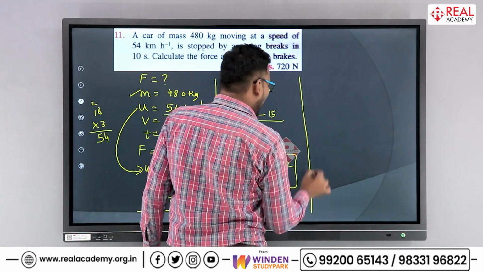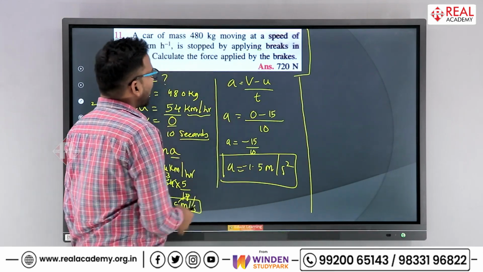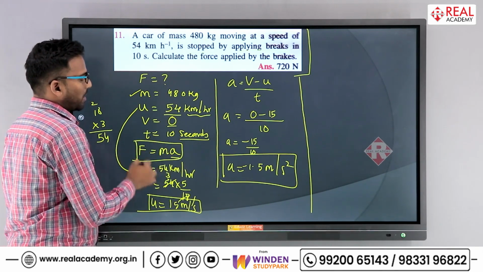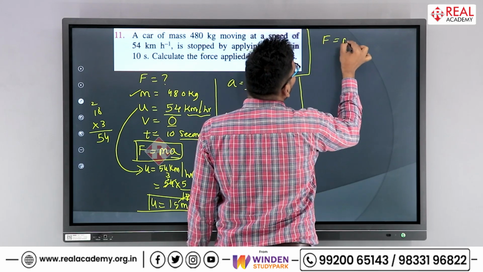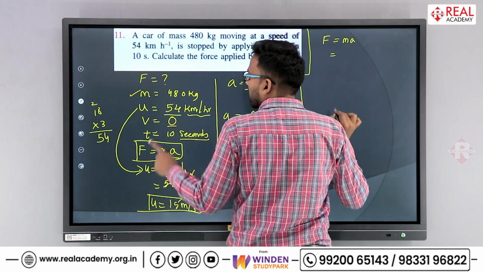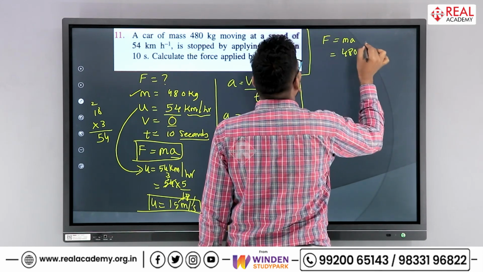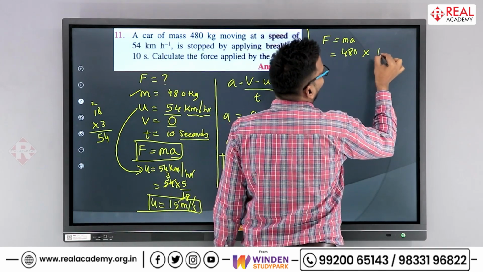Now we have got the acceleration, so how to find force? By simply applying Newton's second law: F is equal to ma. What is m? m is 480 kg, into acceleration, which is 1.5.